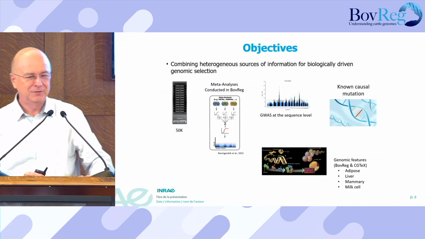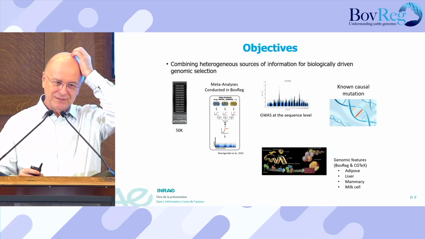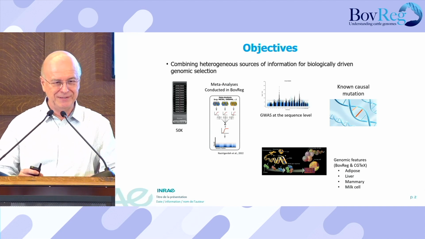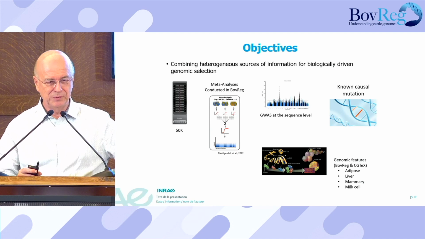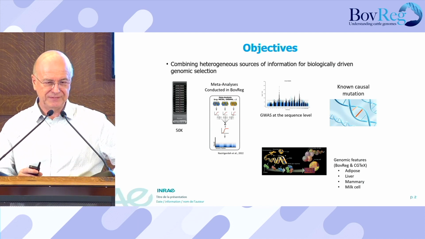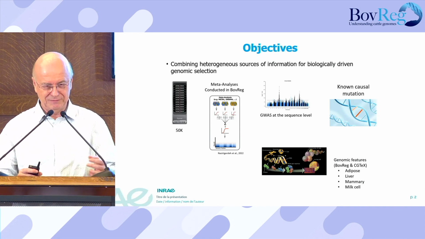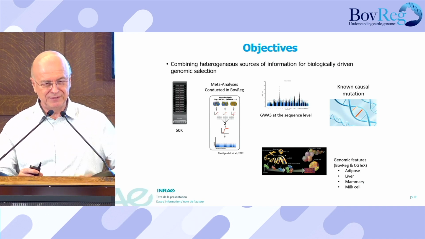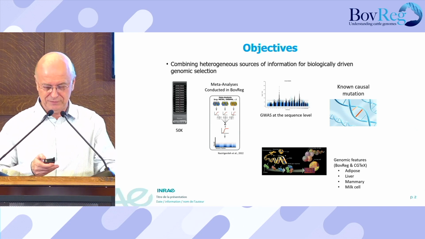So the objective is to combine different sources of information: the usual 50K, results from GWAS or meta-GWAS, some causal mutations, and also genomic features originating from either Boichard or cattle GTEx.